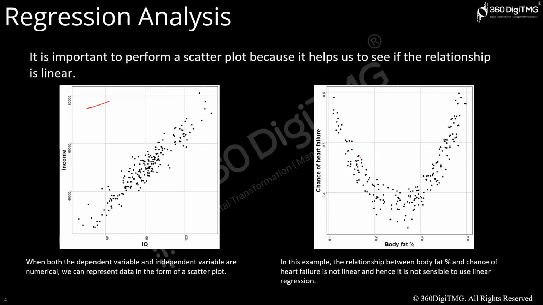So we have two of the plots here. The first plot, when both the dependent variable and independent variable are numerical, we can represent data in the form of a scatter plot.